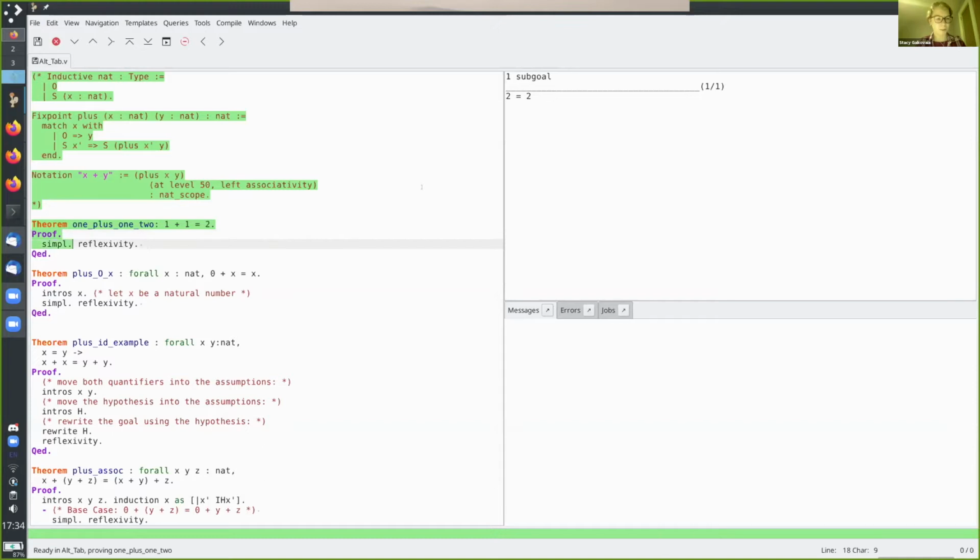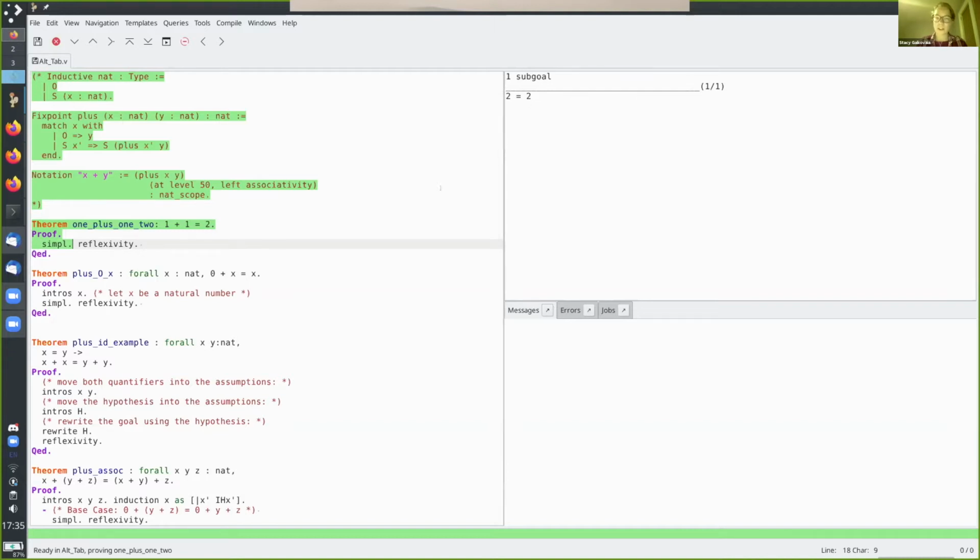So here's the simple function. Okay, so the simple function rewrote 1 plus 1 in terms of the definition of plus. And what we got was 2. So now our goal is 2 equals 2. The tactic reflexivity is used to solve a proof whenever we have the same thing on the left hand and the right hand side.